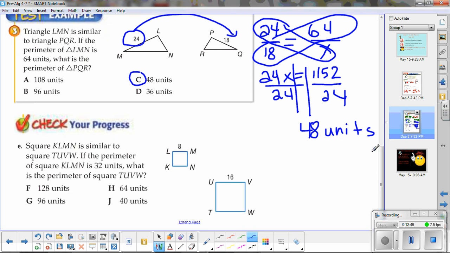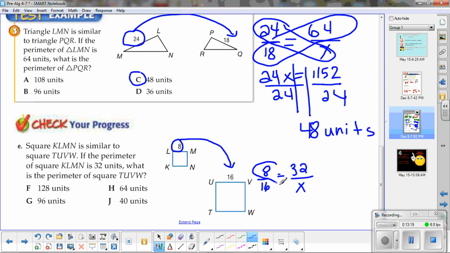Square KLMN is similar to square TUVW. If the perimeter of KLMN is 32, what's the perimeter of TUVW? Well, 8 matches up with 16. And then the perimeter of the small one is 32. And that matches up with the perimeter of the large one, which we don't know.